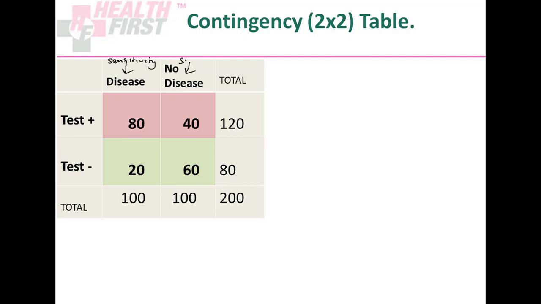And of course, specificity will be those without disease. Now remember, it's probability. So we are saying sensitivity is the probability that the test will correctly identify diseased individuals.